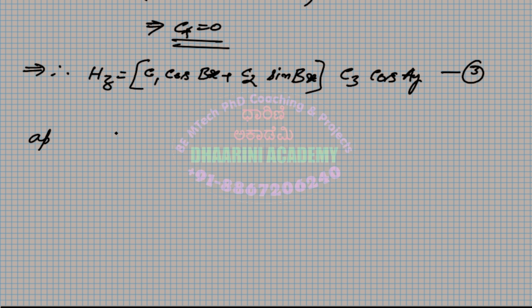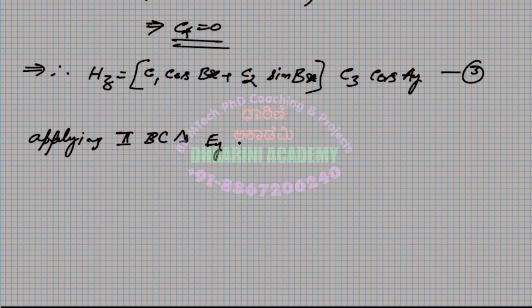Applying the second boundary condition. The second boundary condition says that Ey is equal to 0 for x equal to 0 and y equal to 0 to b. Using that, I'll apply this to the Ey equation.